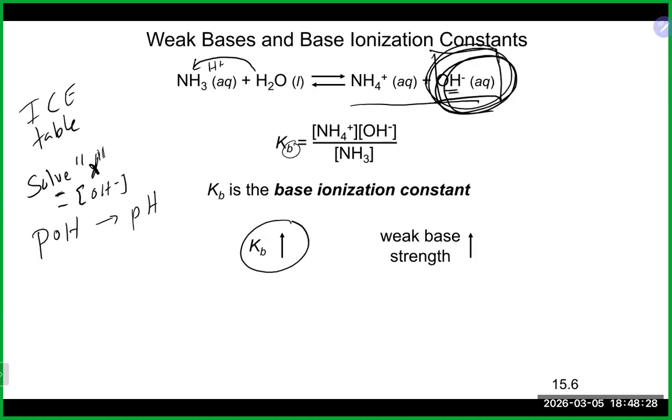The other seriously major problem people have is writing that equation. A reminder that in most problems, you're just going to be given the starting stuff, right? They're not going to give you an actual equation or anything like that. So if you don't know how to write that and you end up with H plus on the other side, you are going to be doing an acid calculation when it should be a base calculation.